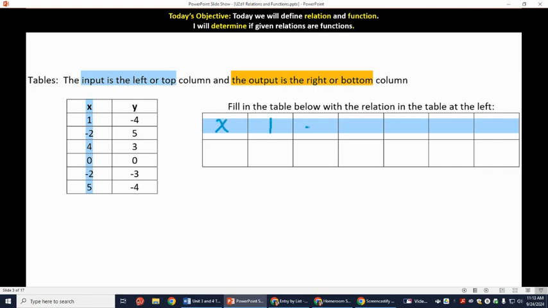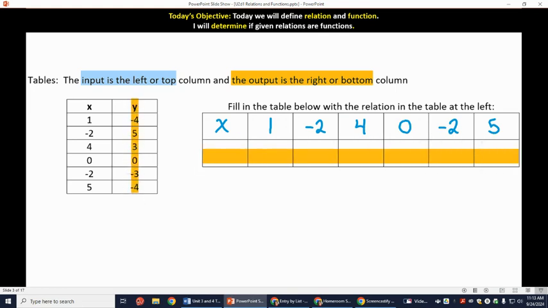So after the x will be a 1, and then a -2, and then a 4, and then a 0, and then a -2, and then a 5. So I'm just turning my table horizontal. That's all I'm doing. Because we need to be used to seeing them. We'll see them both ways. They give them to us on tests and quizzes, and on the STAR test, you'll see them both ways. Okay? And then your output is going to be your right column or your bottom row.